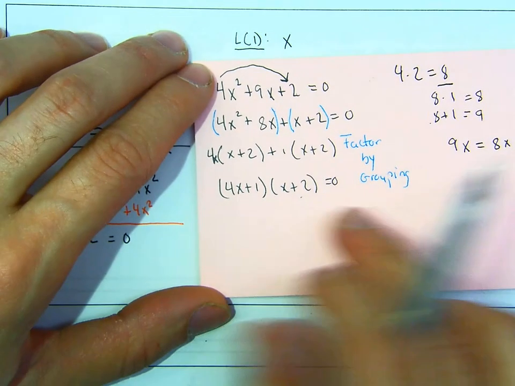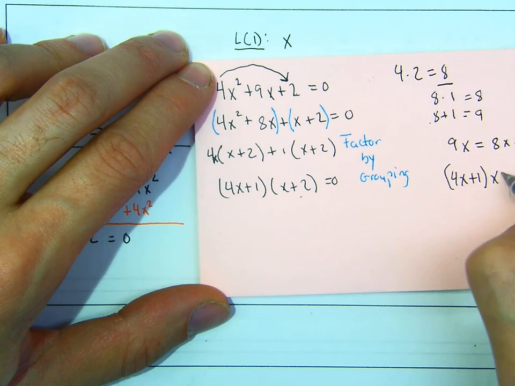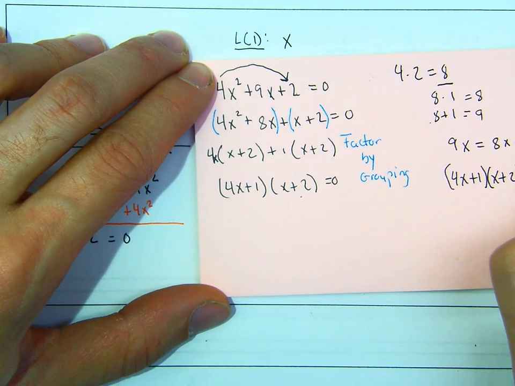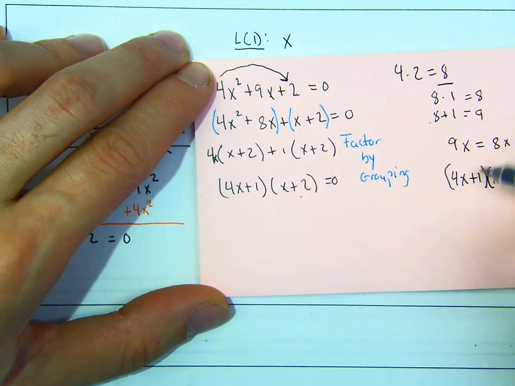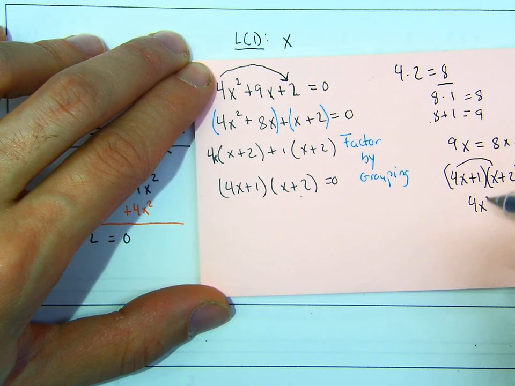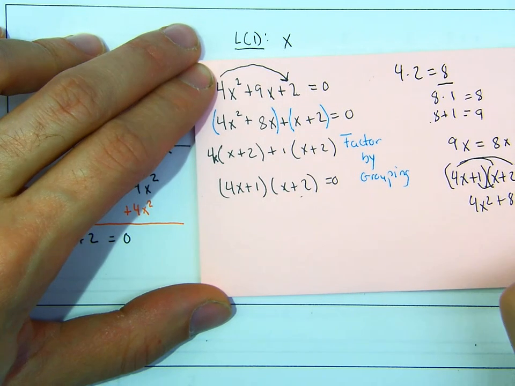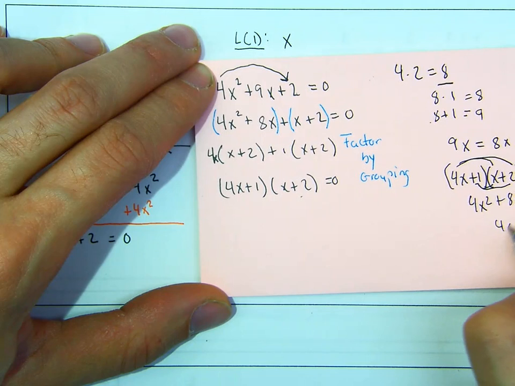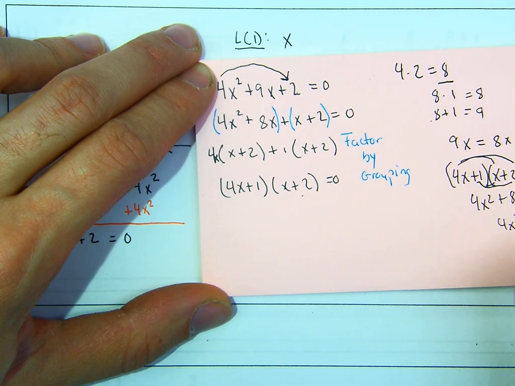And remember that if I FOIL this, I'm going to get the original: 4x times x is 4x squared, 4x times 2 is 8x, 1 times x is x, and 1 times 2 is 2, which is 4x squared plus 9x plus 2. That's kind of like the check, just because we haven't done this in a while.